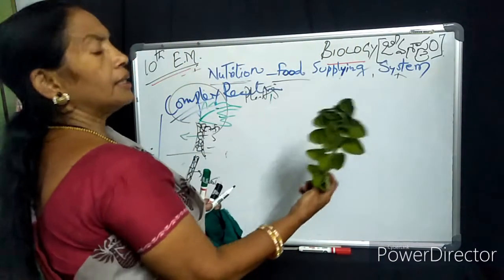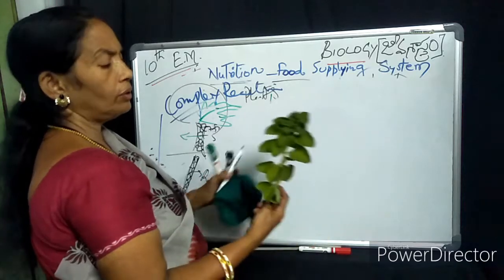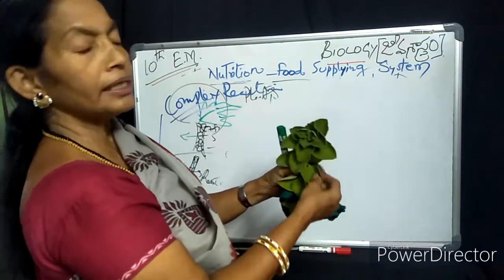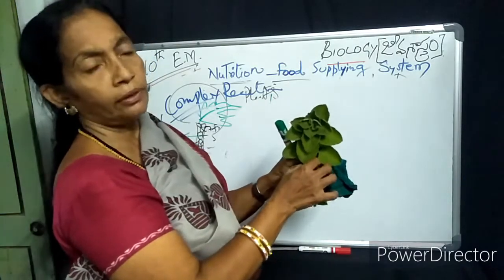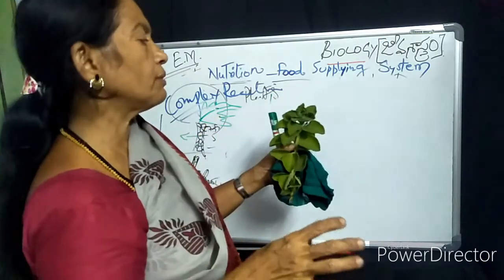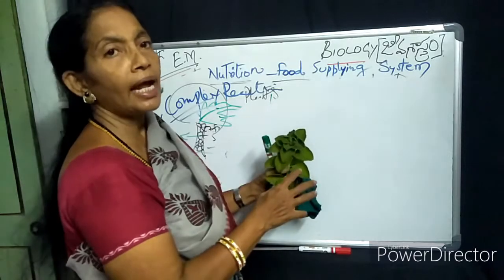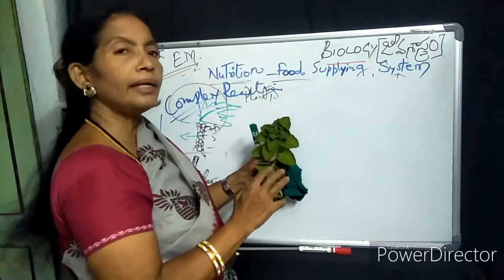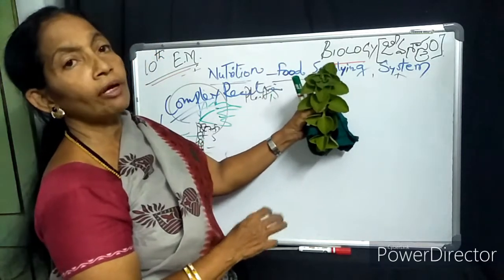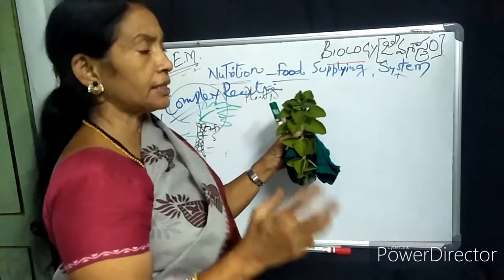I have cut this twig. It has been in the sunlight from the morning itself, so it prepares food for 4 or 5 hours. First the plant has to be alive, and then it should be in the sunlight for 4 to 6 hours.